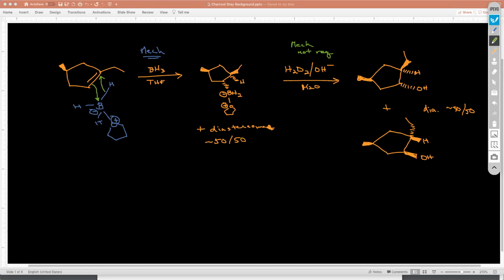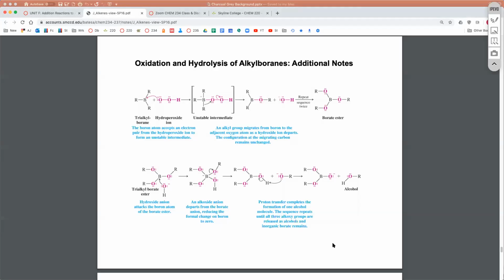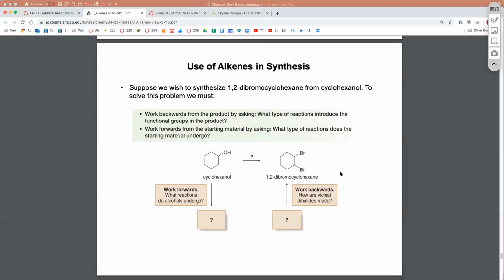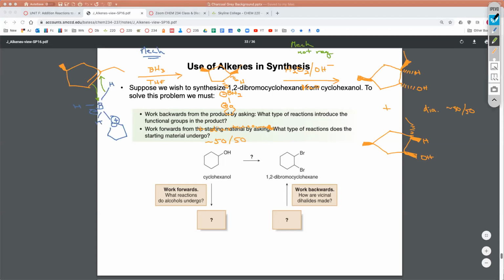Alrighty, well, I am going to move along then. So one of the things that we've started to talk about even in the last unit was retrosynthesis. And so I would like to revisit retrosynthesis now and talk about how we apply it using a lot of the reactions that we've been talking about so far.